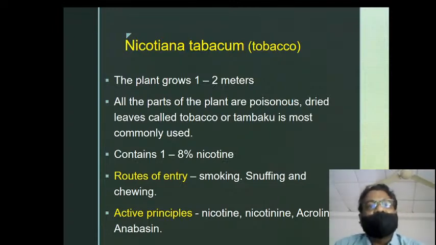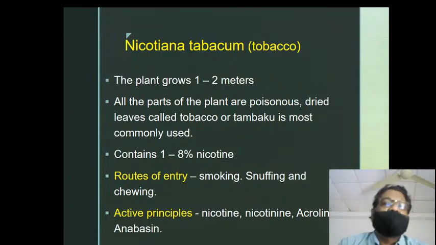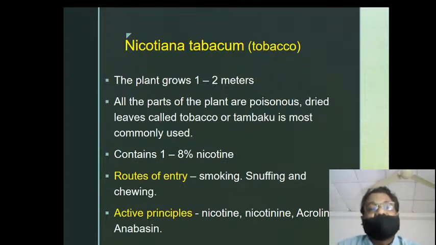Nicotinine is less effective compared to nicotine. So nicotine is the most active ingredient, the active alkaloid present in tobacco. Nicotine is a more powerful alkaloid compared to the other alkaloids.